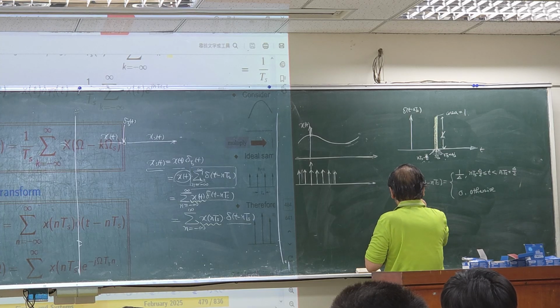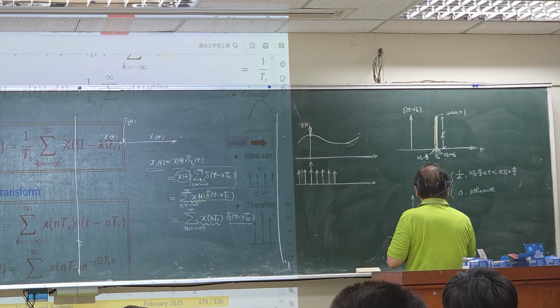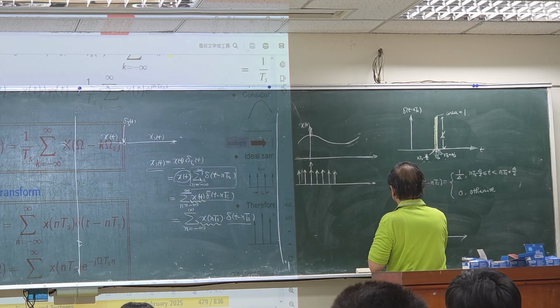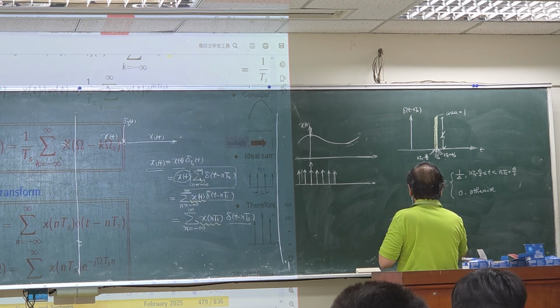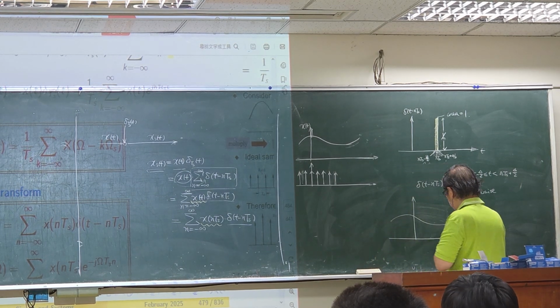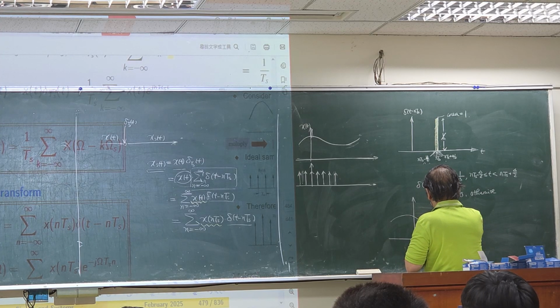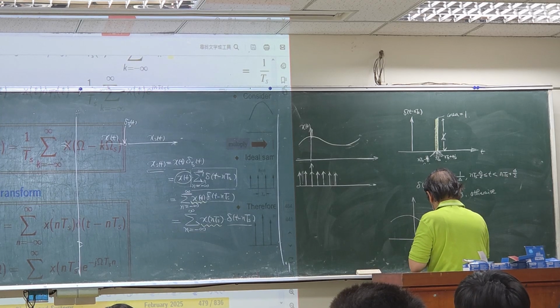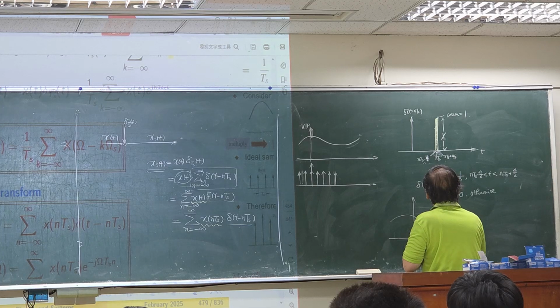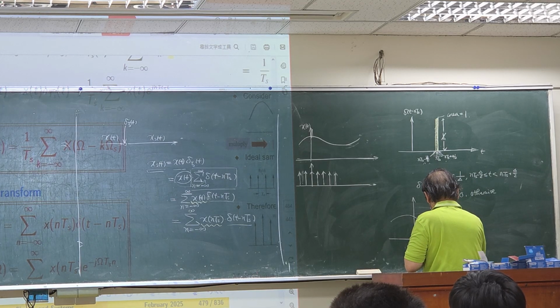Let me skip that here. Okay, over here we have a delta function, an impulse, and the center is nTs.